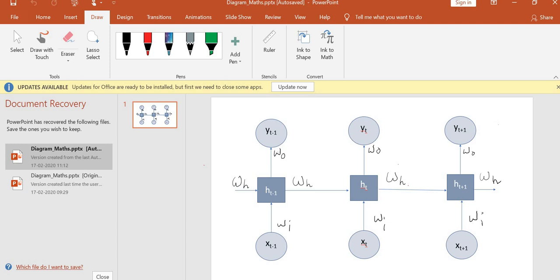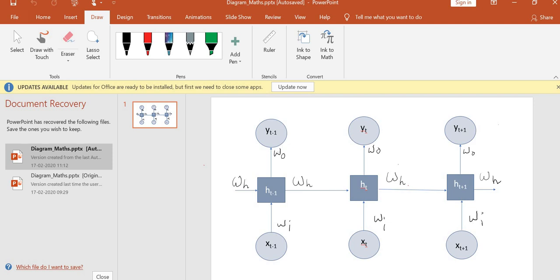In this diagram, h(t-1) is the hidden layer at timestamp t-1. It is getting a weight from its successor, that is Wh.